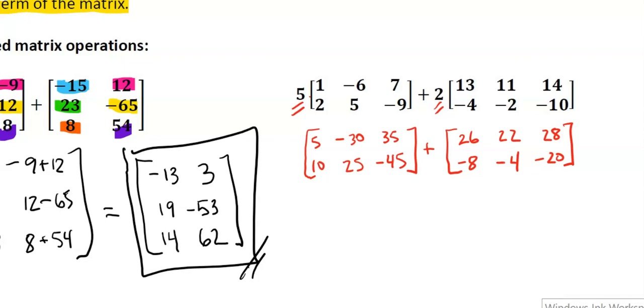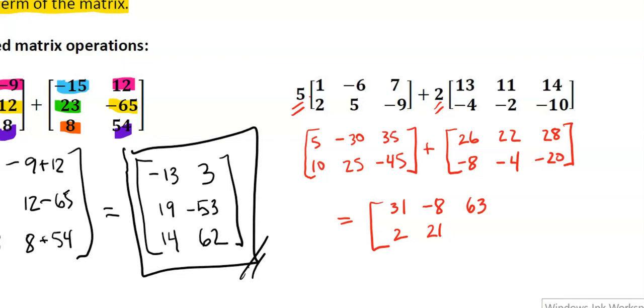So 5 plus 26 is 31. -30 plus 22 would be -8. 35 plus 28 would be 63. 10 plus -8 would be 2. 25 minus 4 would be 21.